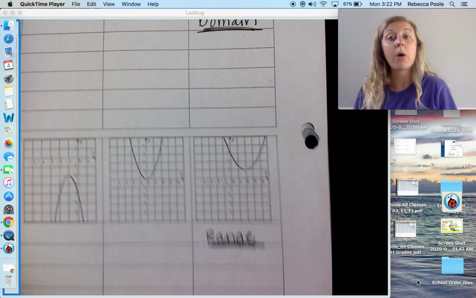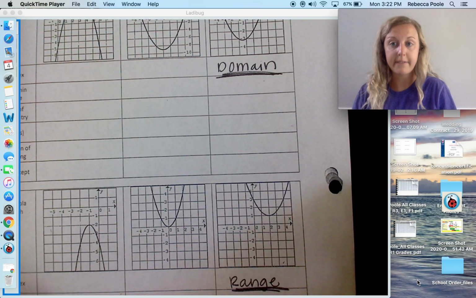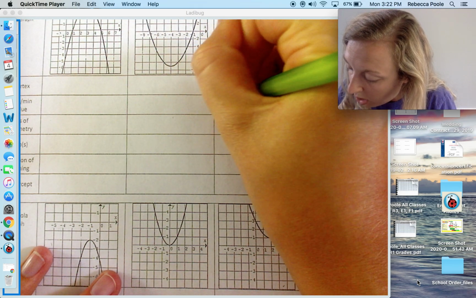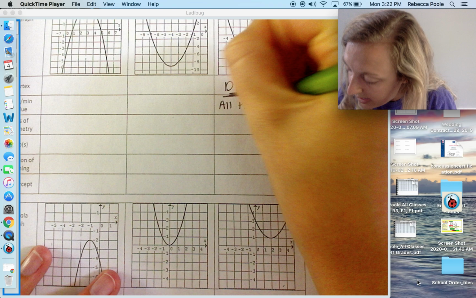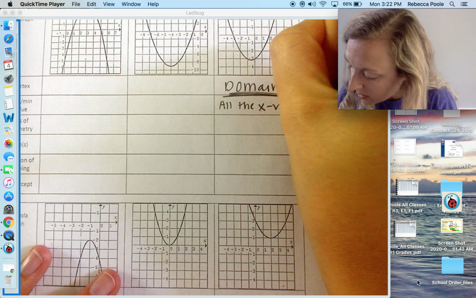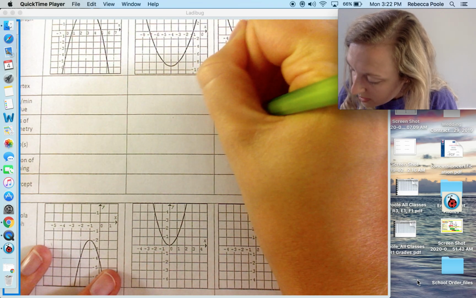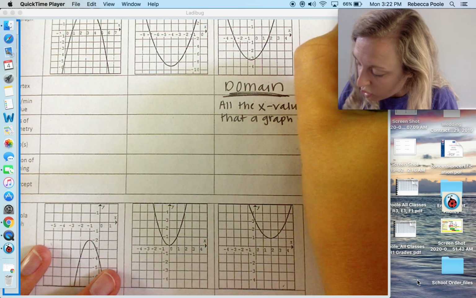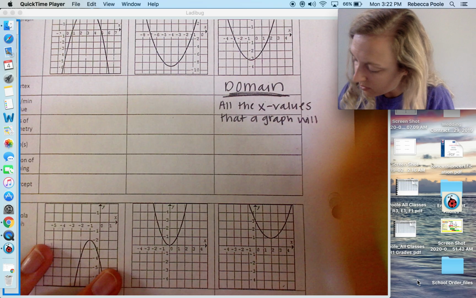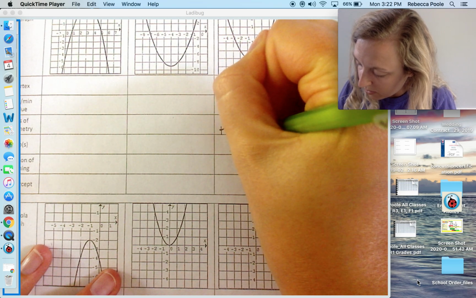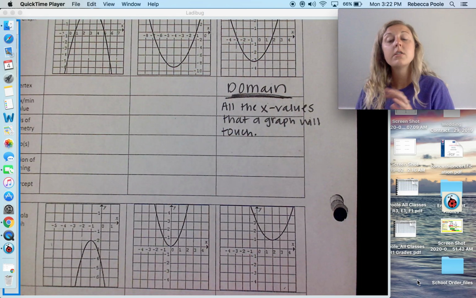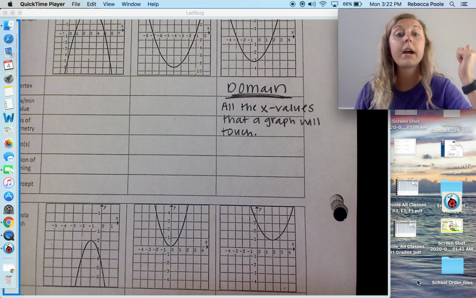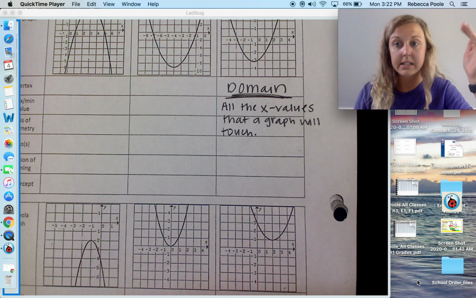All right, so domain and range. First, we need to talk about what they are, and then I'm going to show you how to find them, okay? So the domain is all the x values that a graph will touch. We just learned last week that we want to write things in standard form, right?